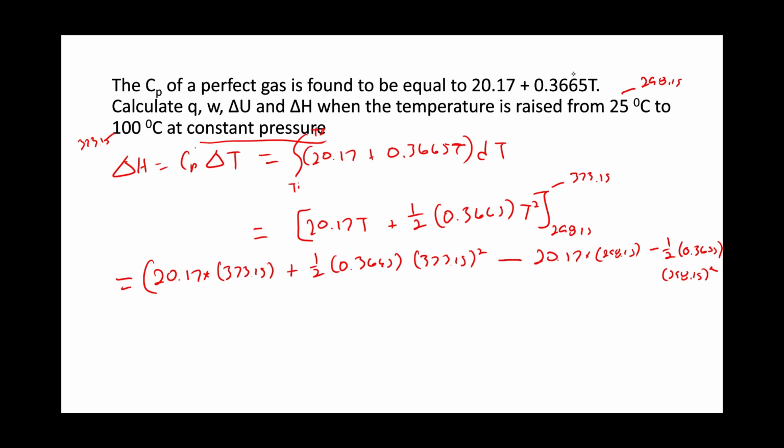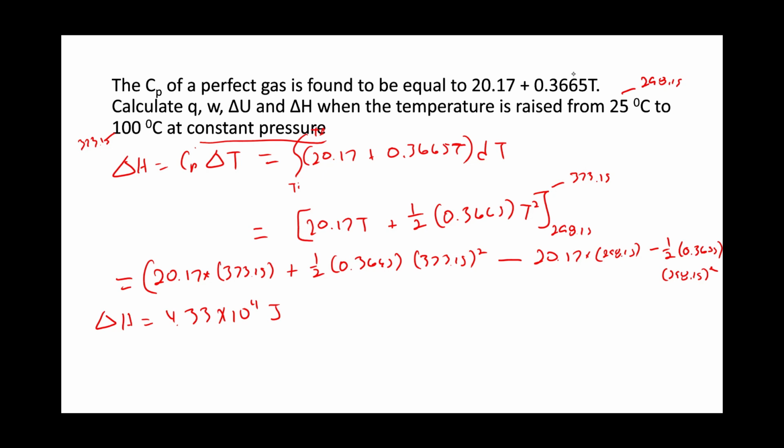Minus 20.17 times 298.15 minus 0.5 times 0.3665 times 298.15 squared. That would give me an answer of, right, delta H of 4.33 times 10 to the 4th joules, right? Or 43.3 kilojoules, which is a really good number. Usually delta H's are in the kilojoule range, all right?